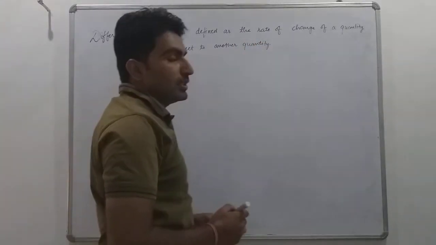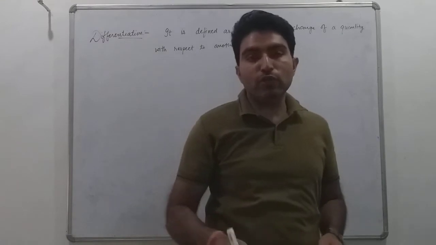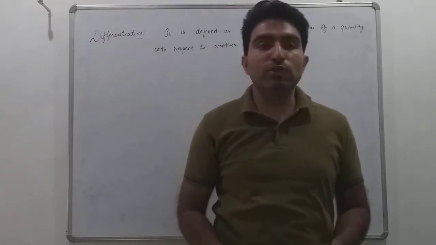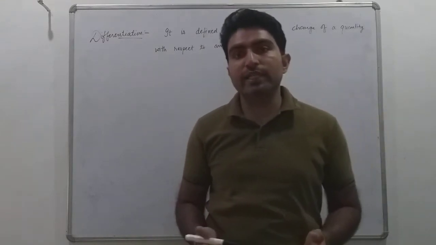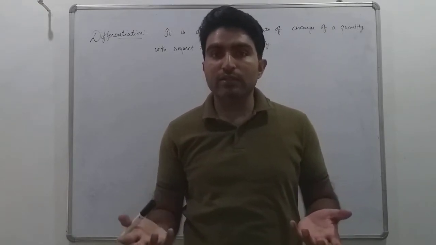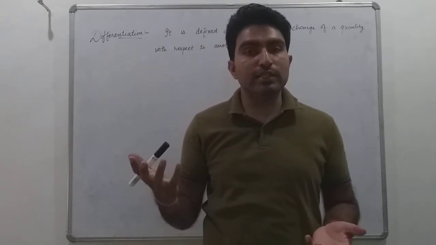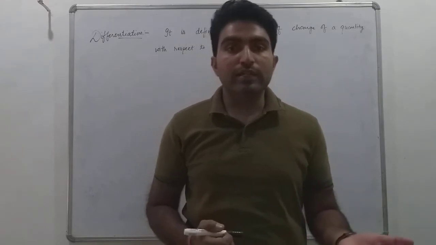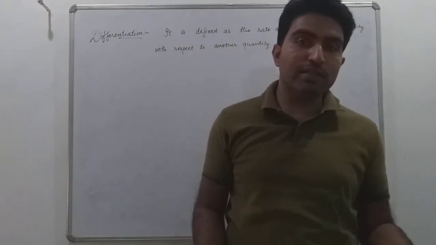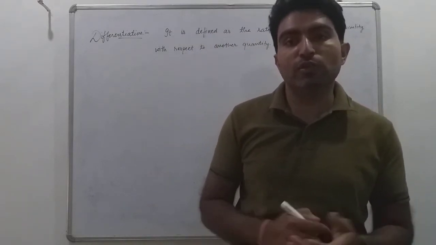Okay, it is simply defined as the rate of change of a quantity with respect to another quantity. That means we have two quantities, and one is either increasing or decreasing, and we have to check it with respect to the other quantity.